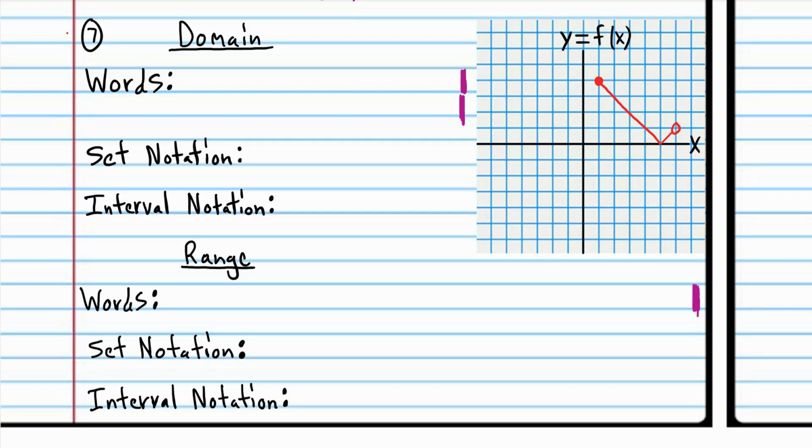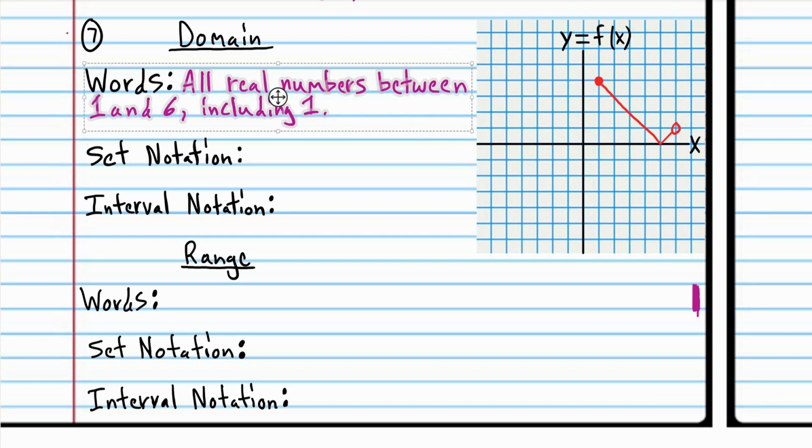Notice that all the points on this graph have x values that are between 1 and 6. So the domain is all real numbers between 1 and 6, including 1, because there's a closed dot at x equals 1.